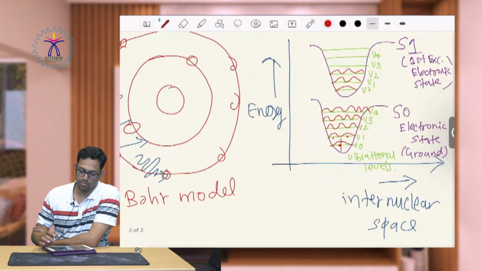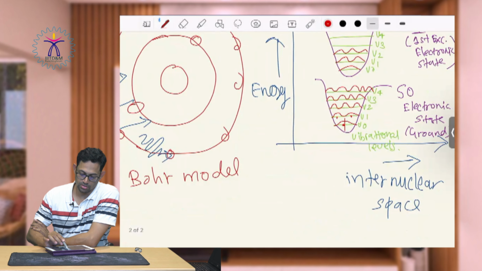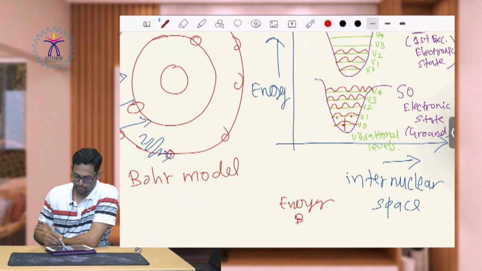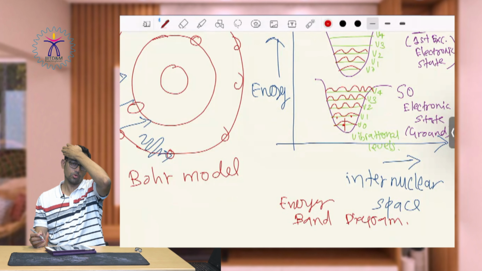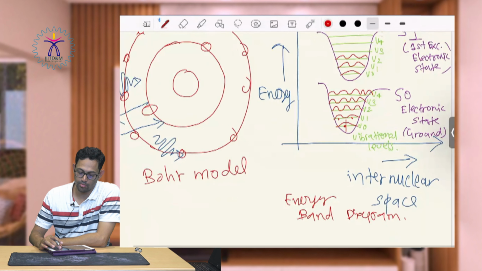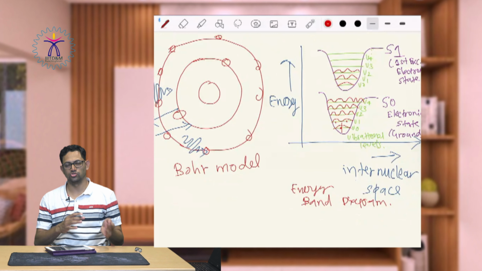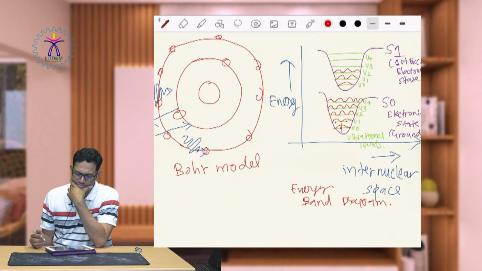So the diagram that you see on the right hand side is known as the energy band diagram. Okay. So you can use either the Bohr model or the energy band diagram to represent how the light interacts with the tissue.